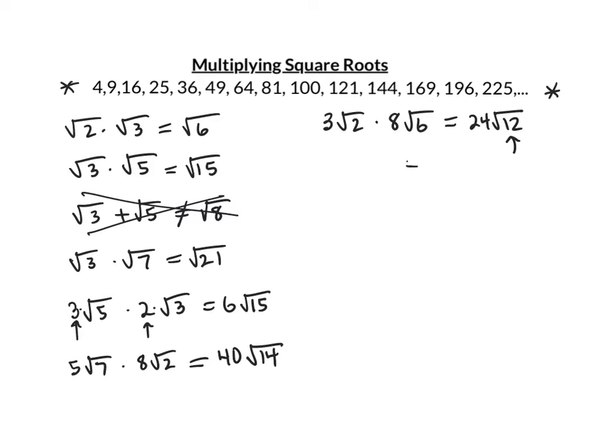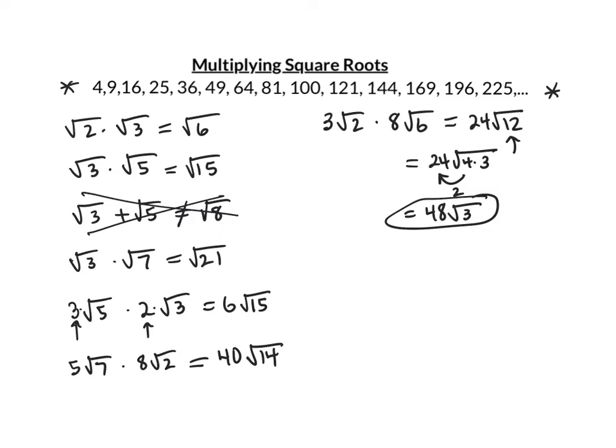So this is 24, and I'm going to take that 12 and make it 4 times 3. I can take the square root of 4. It goes out front as a 2. The square root of 4 is 2. And there's times between the 24 and the root. 2 times 24 is 48. 48 radical 3, or 48 root 3, then is my answer.